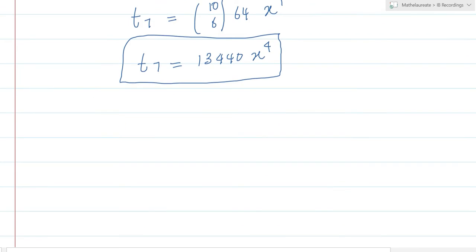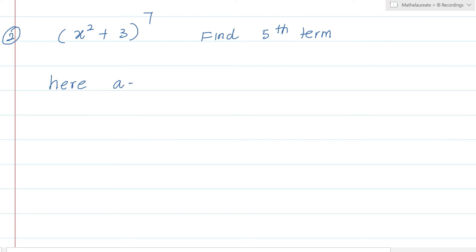Let's practice one more question. Find the fifth term. This is in the form of (a + b) to the power n. So here a is the first term, x squared, b is the second term, 3, and the power n is 7.